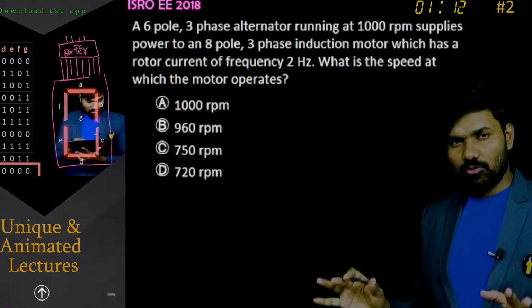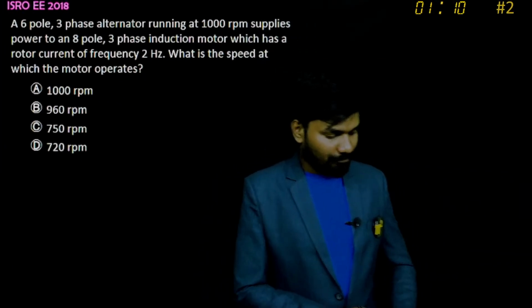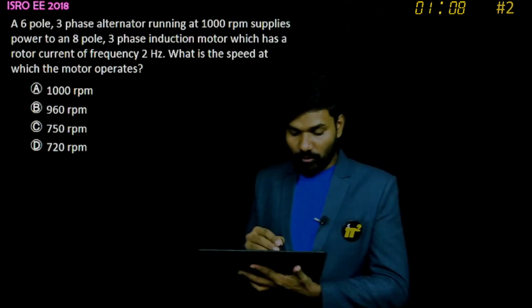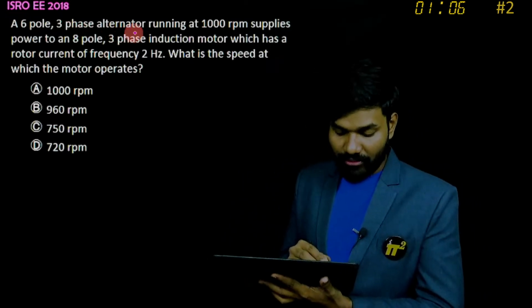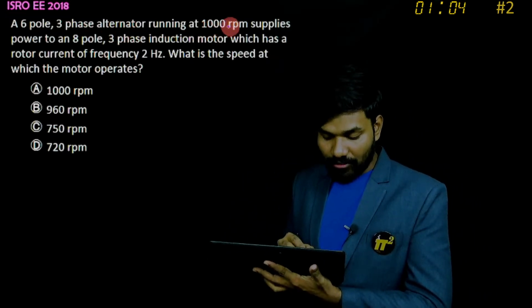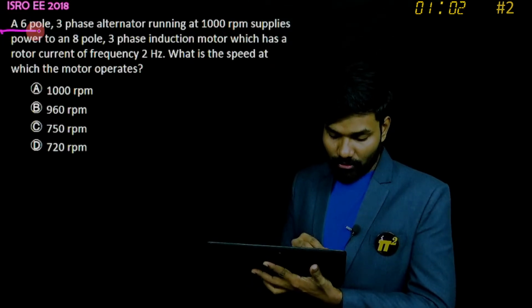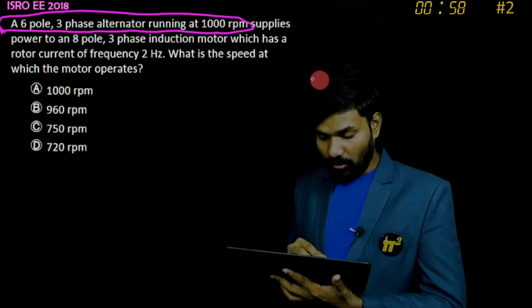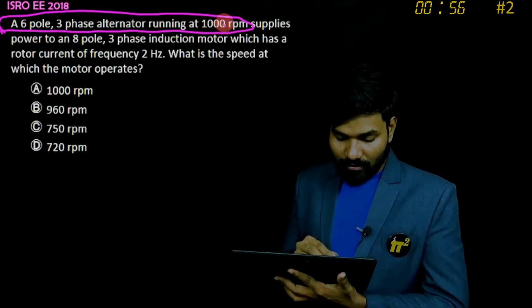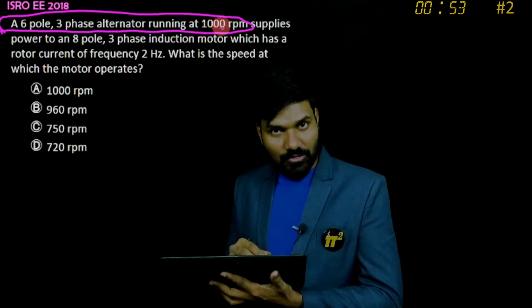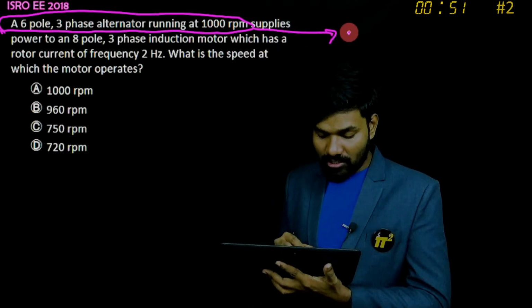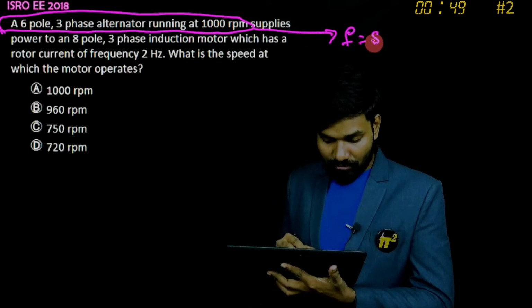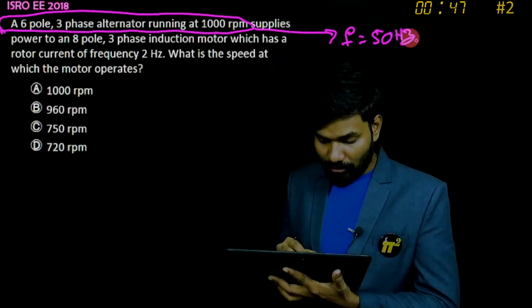Okay, let me explain this one also. A 6-pole, 3-phase alternator running at 1000 rpm. So when it is running at 1000 rpm, 6-pole machine, what is the synchronous speed? The rotating speed is 1000, so the corresponding frequency is how much? If you do the math, you will get 50 hertz.